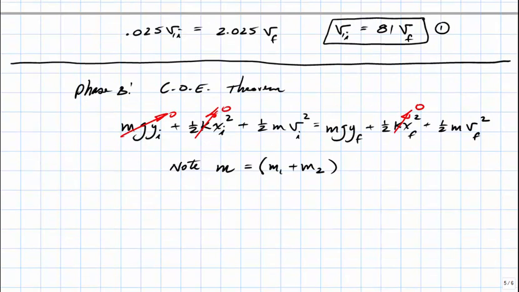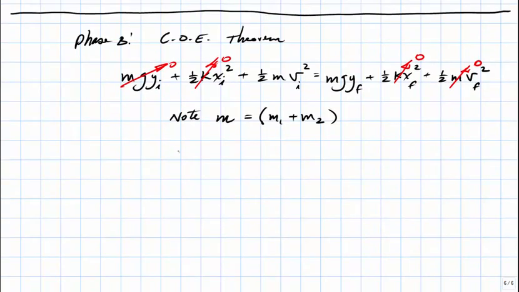And so this term disappears. As a result, the equation reduces to 1/2 mv initial squared just equals mgy final on the other side. 4 terms disappeared, only these 2 terms remain.